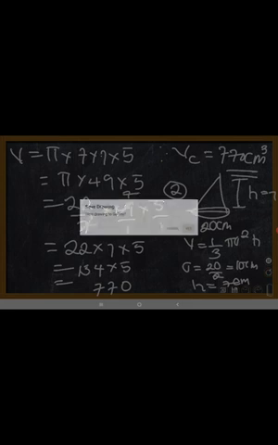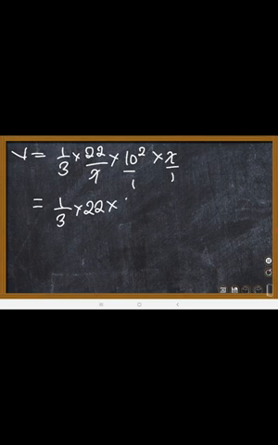So the volume is going to give us 1 over 3 times 22 over 7 times radius squared times 7 over 1. The 7s cancel, so this is 1 over 3 times 22 times 100, which is 2200 over 3.